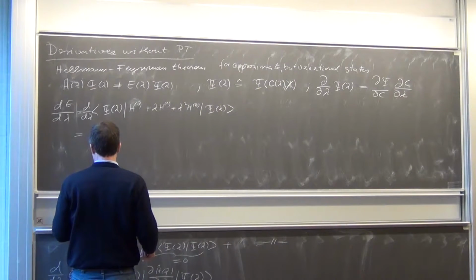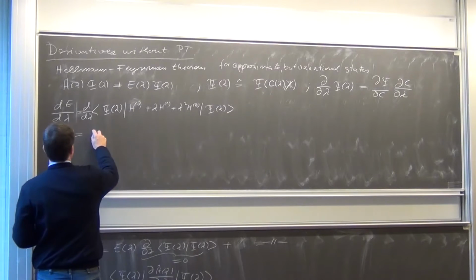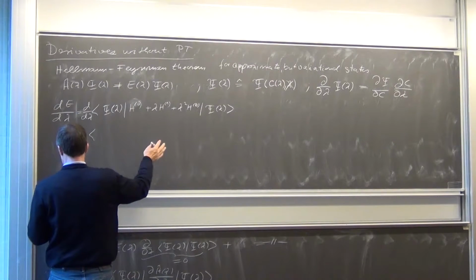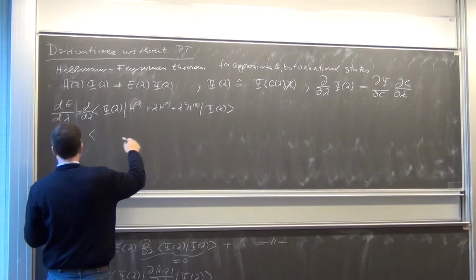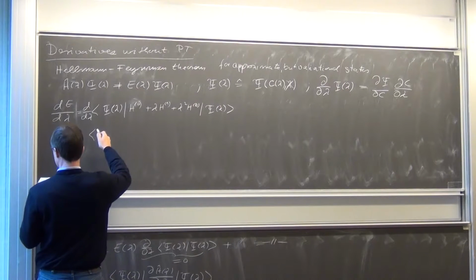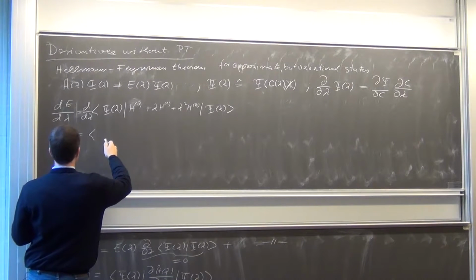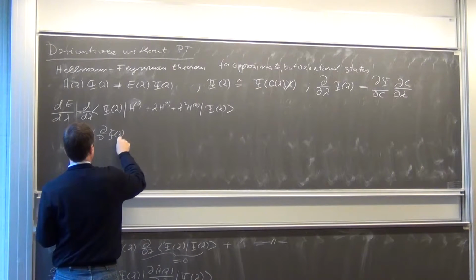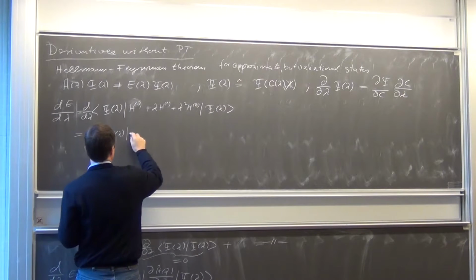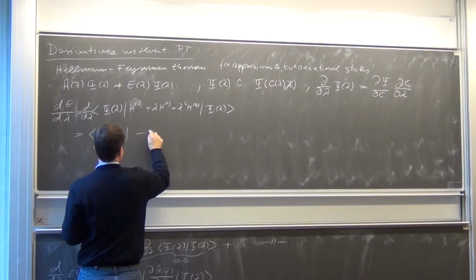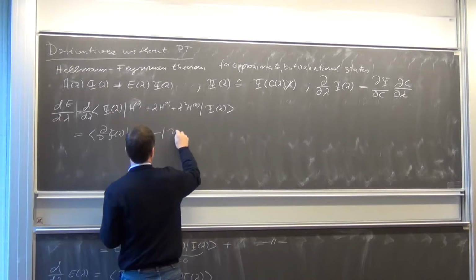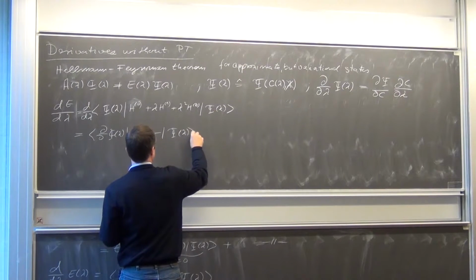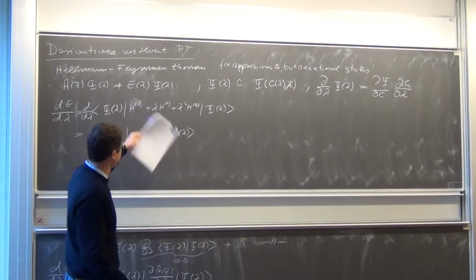So I'm going to get a contribution which is the derivative of the Hamiltonian, and I want to evaluate that at the end eventually. Let's write it up first. So I get the derivative of my wave function, psi of lambda, and my Hamiltonian, psi of lambda, the whole thing.